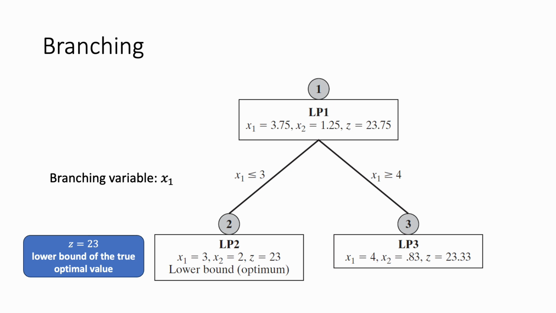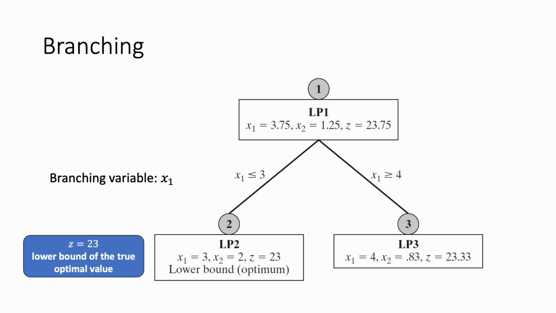Okay, so after branching, LP2 provided us a feasible integer solution with z equals 23, which becomes the current or the incumbent. Now, the LP relaxation of LP3 gave us 23.33, but this upper bound cannot lead to an integer solution exceeding 23.